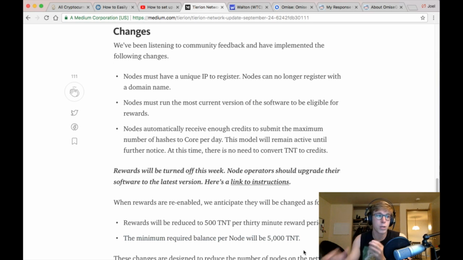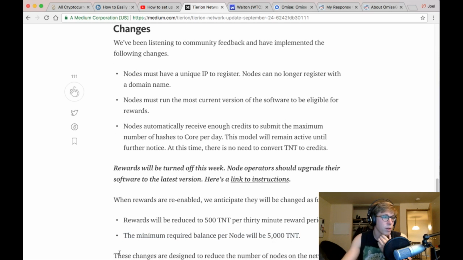So those are some big changes, and they even say in here that it's designed to reduce the number of nodes on the network, because the way it worked previously, if you were one of the early adopters, like within the first day, if you were one of the people that had 50 nodes up in the first day, you're just going to keep winning the lottery and using those rewards to make more Tierion nodes.